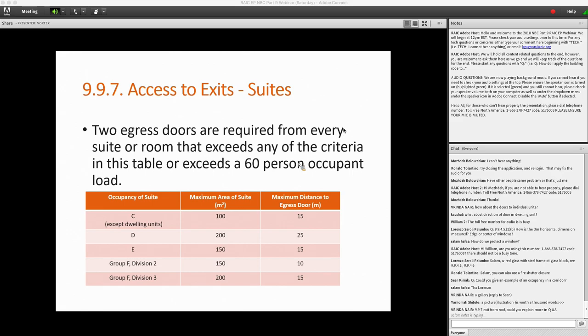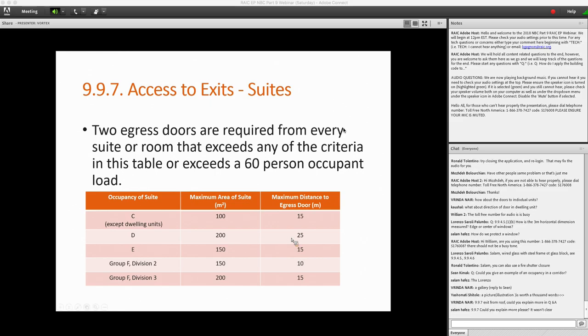So for instance, in a group D occupancy, if the area of a suite is more than 200 and the travel distance is more than 25 meters to an egress door, you are required to provide a minimum of 2 egress doors from the room.